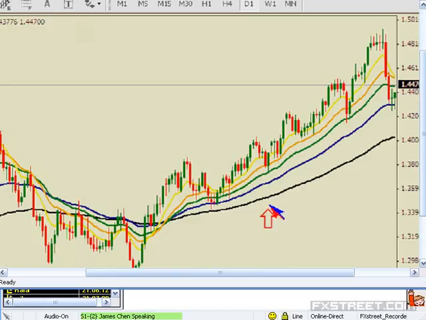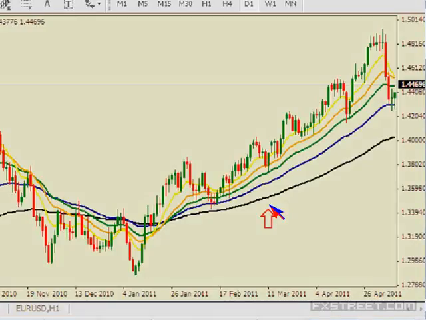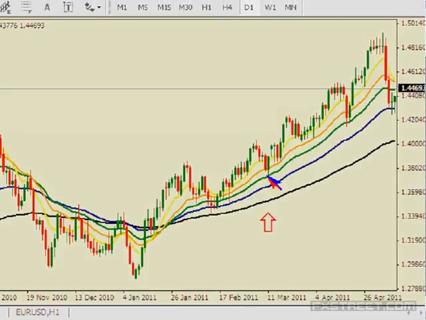First of all, I'm scanning through all my different currency pairs, and I'm looking for some kind of trending indicator. In this case, once again, I've got the 100 period, 50 period, 30 period, 20 period, and 10 period exponential moving averages. And I'm looking for separation and correct order.